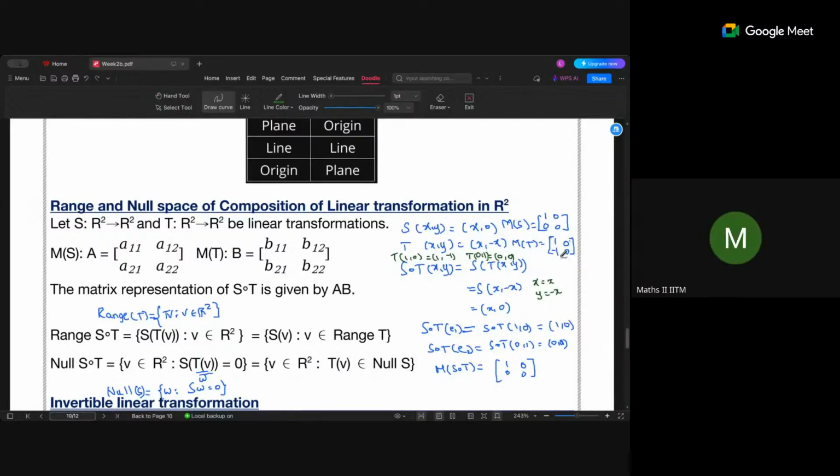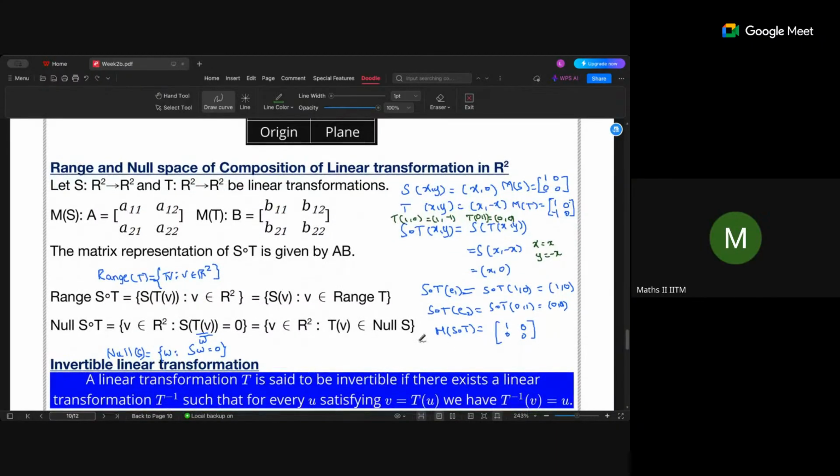Now what is the matrix multiplication of M of S into M of T? You will get back this matrix.